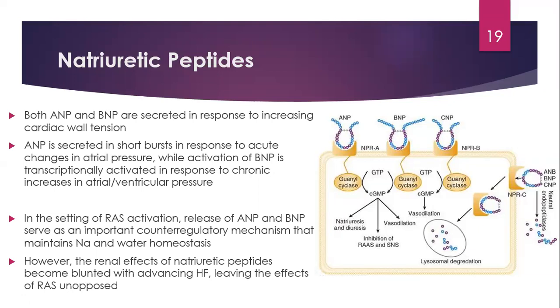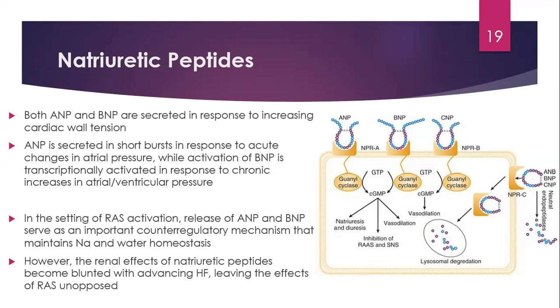So in the setting of heart failure, when RAS is activated, your ANP and BNP serve, as we said, as important counter-regulatory hormones because they counter the effect of your RAS stimulation.